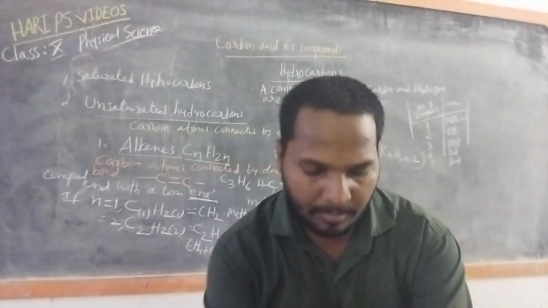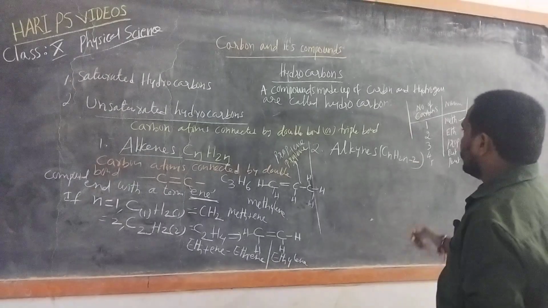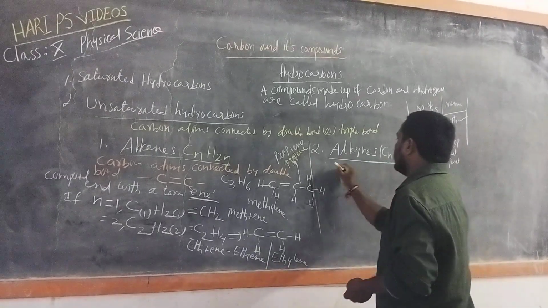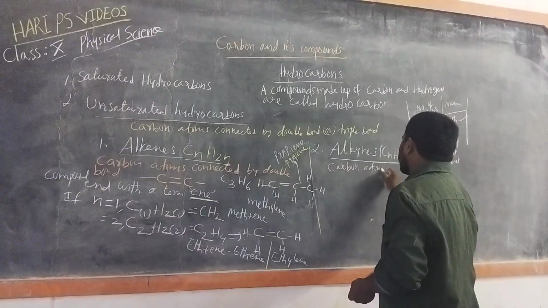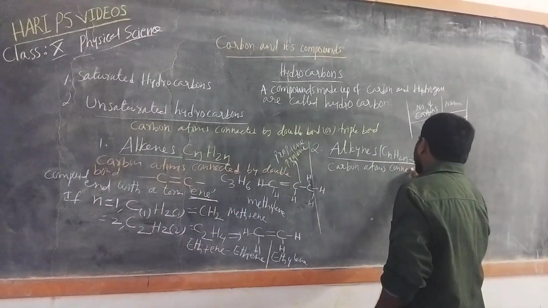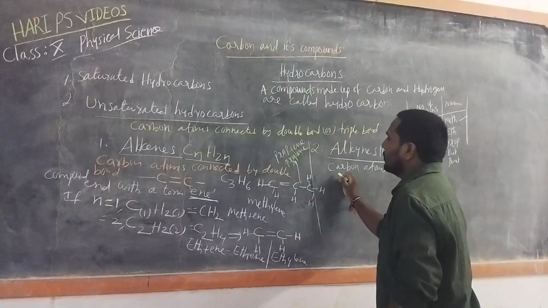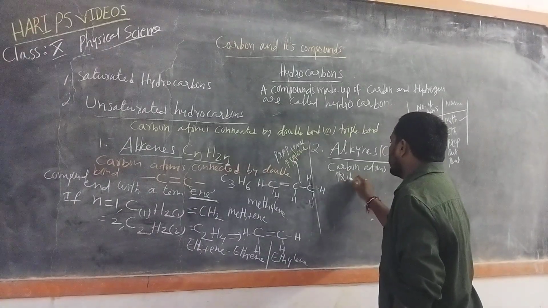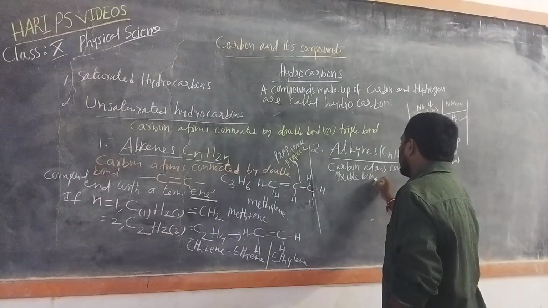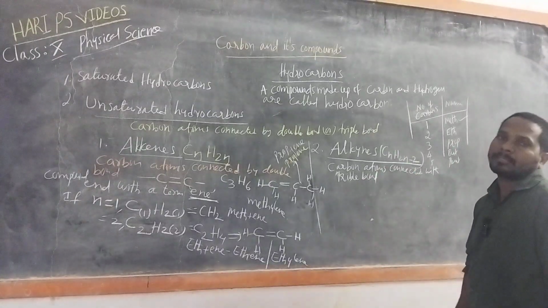If the carbon atoms are connected by a triple bond, then we call them alkynes.